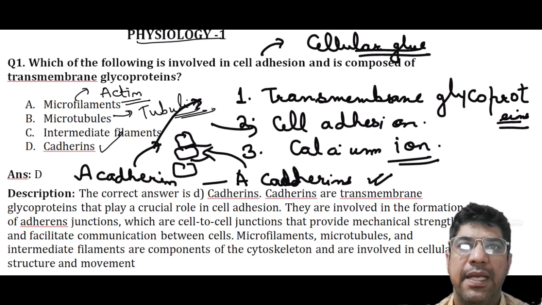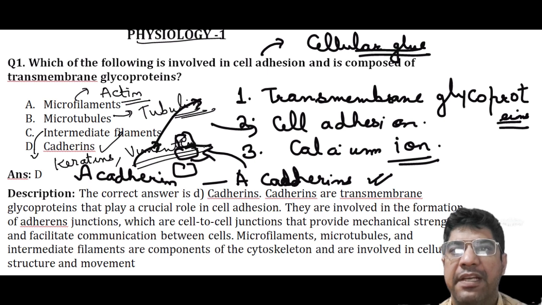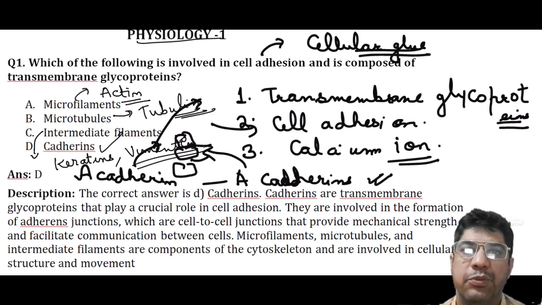Whereas the intermediate filaments are composed of various types of proteins like keratins, vimentins, etc. They provide mechanical support and maintain the structural integrity of cells and tissues.